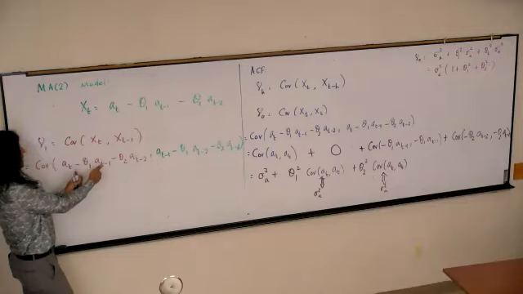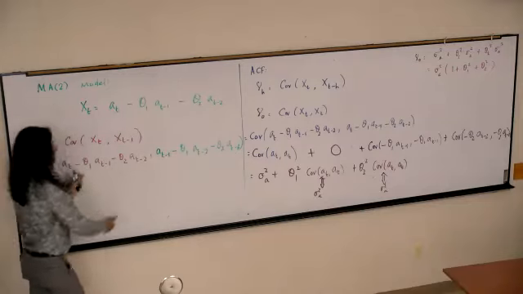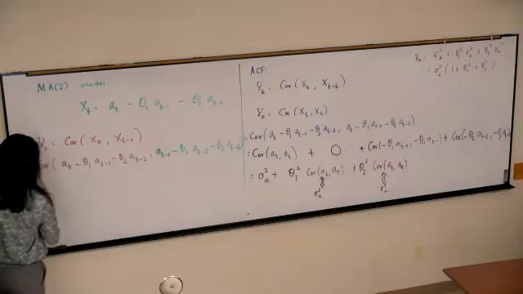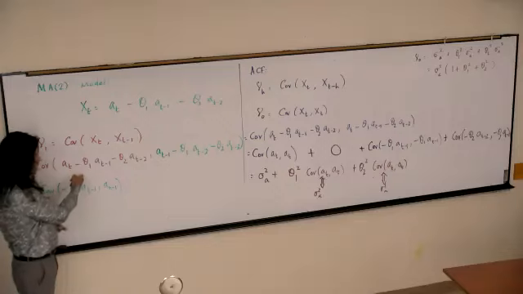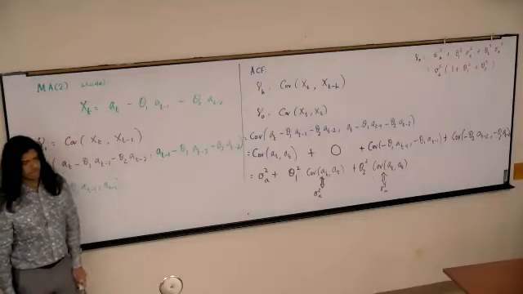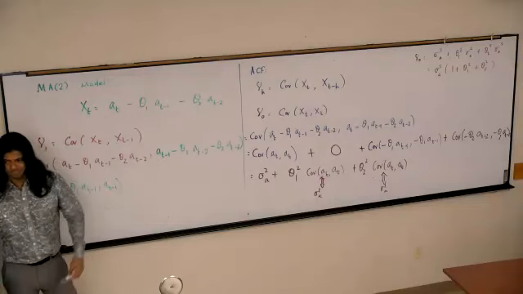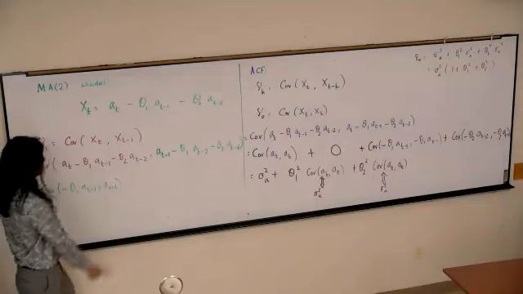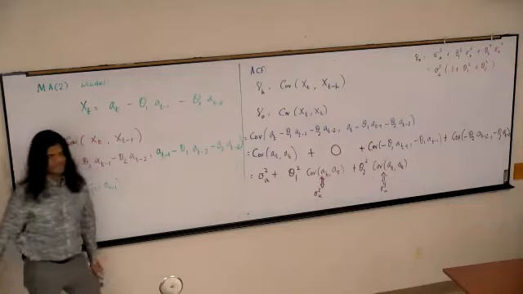Negative theta 1, a_t minus 1. Would it have any relationship with a_t minus 1? Yes, so keep that term. Negative theta 1, a_t minus 1, negative theta 1, a_t minus 2. Do you believe there would be a correlation? No, 0. What about a_t minus 1 and a_t minus 3?